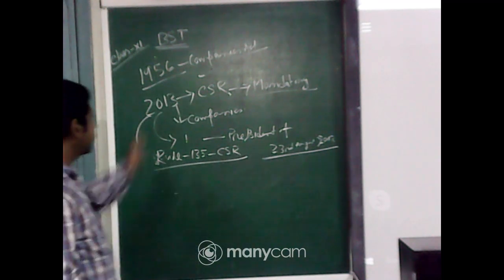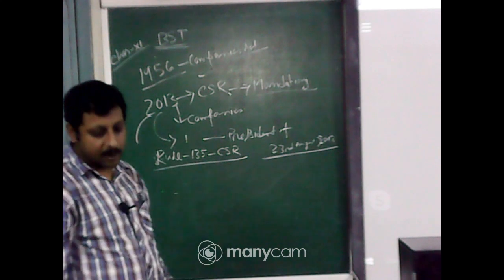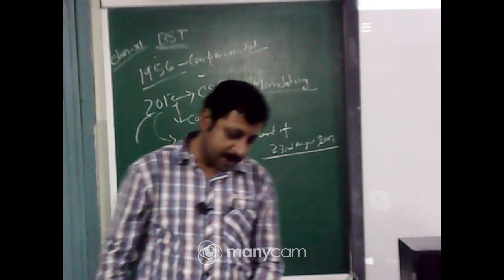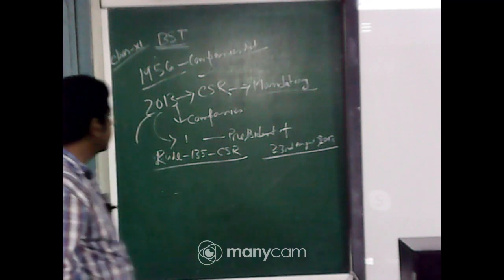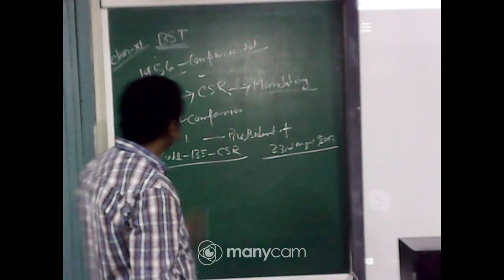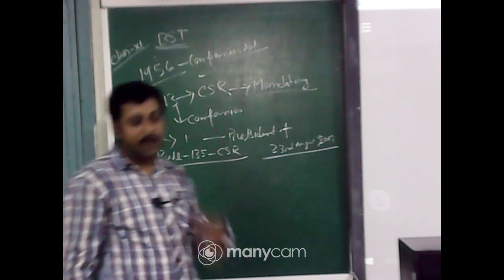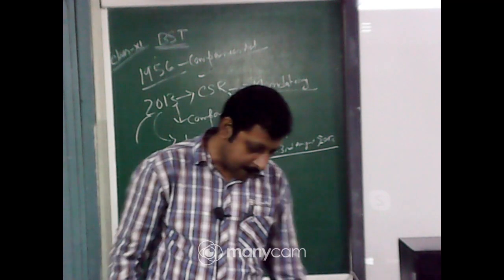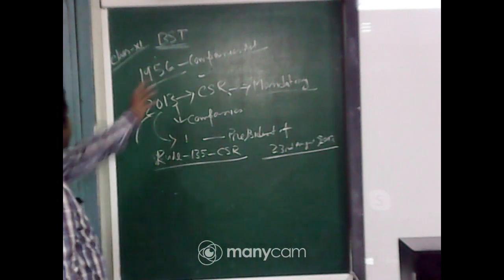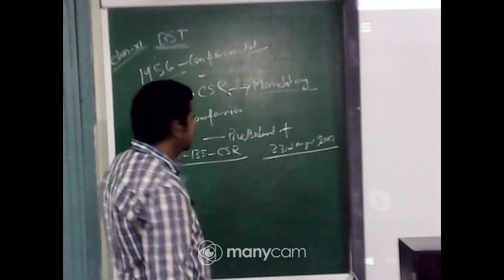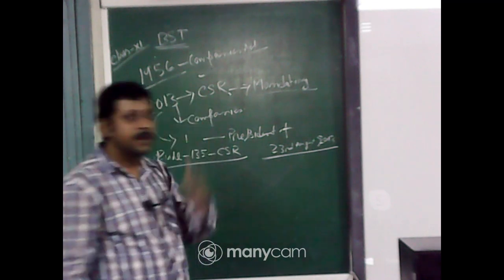This act was passed by both Houses of Parliament and signed by the President on 23rd August 2013, and it was implemented from the year 2014. Now, which companies must mandatorily do corporate social responsibility? We'll discuss in the next class.